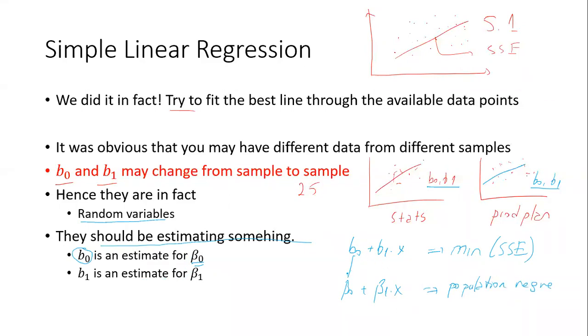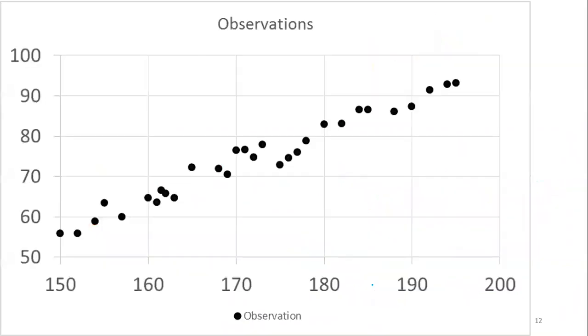This is an estimator for beta 0, and this is an estimator for beta 1, just like X bar was an estimator for mu, and S square was an estimator for sigma square, okay? Exactly the same. Just like if we take samples from different classes, we will have different X bar and different S square, similarly, if you take different samples from different classes, you will have different sets of B0 and B1, which will again estimate beta 0 and beta 1.